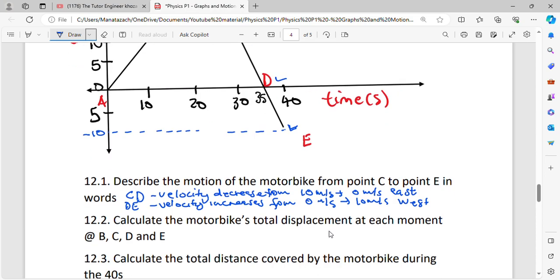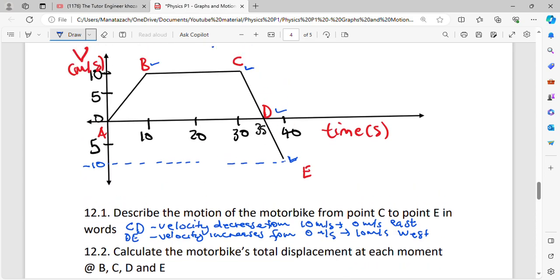Okay, let me just share something with you. If you are given the velocity time graph, to get the displacement, you need to work out the area. The area under the velocity time graph will give you the displacement.